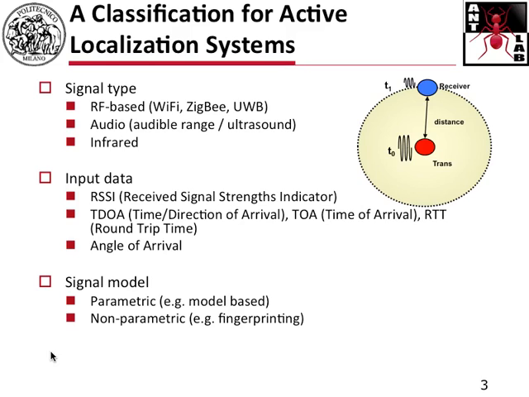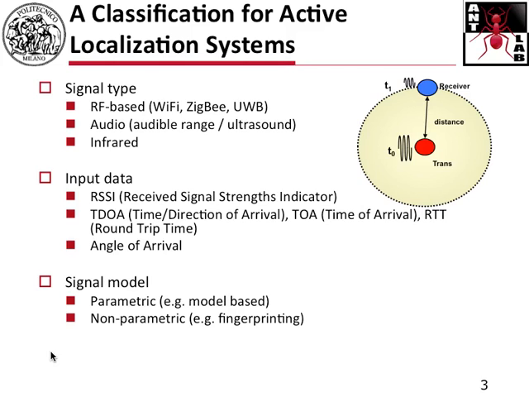You have basically three types of technologies which you can use. The first one is RF, so wireless transceivers, which can be Wi-Fi, Zigbee, ultra-wideband, or others. The second one is audio, so you can use ultrasound to localize. And the third one is infrared, so you can use this kind of infrared technology to localize.